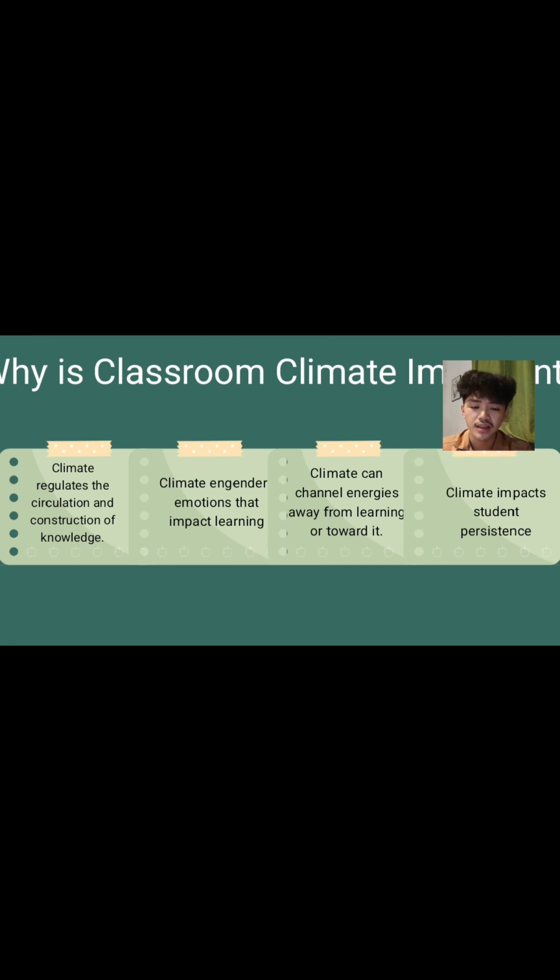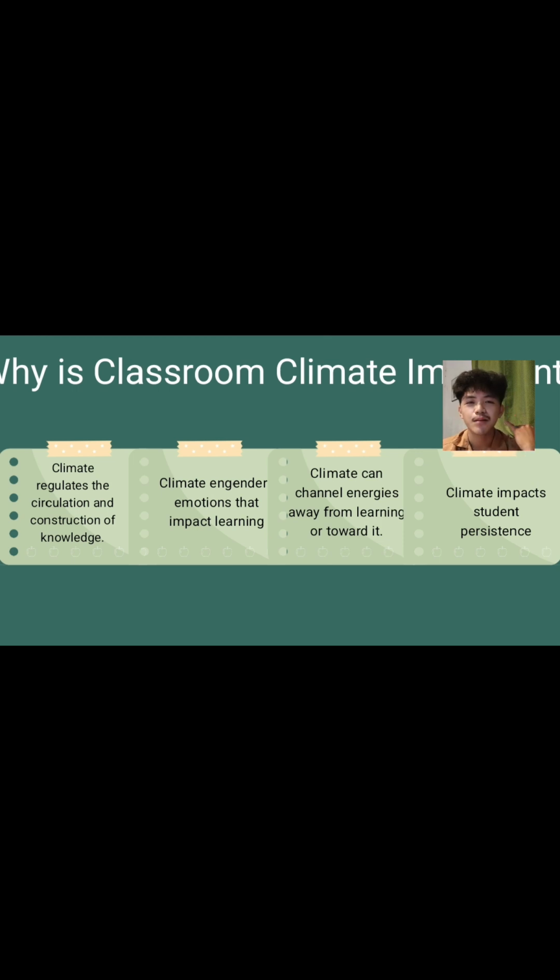That is very important because climate regulates the circulation and construction of knowledge. As I said earlier, if all of us are in a good mood or in a good condition, it is easy to understand and to learn. That is why it is important to have a good climate.